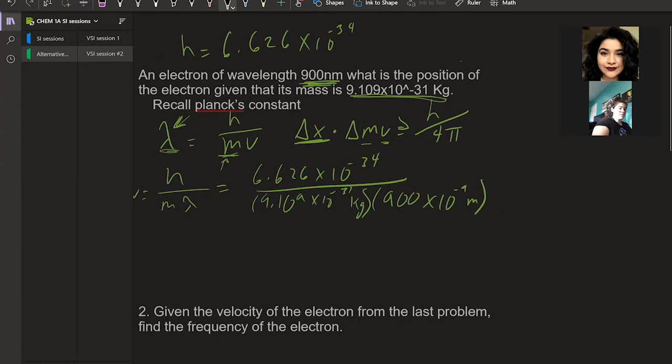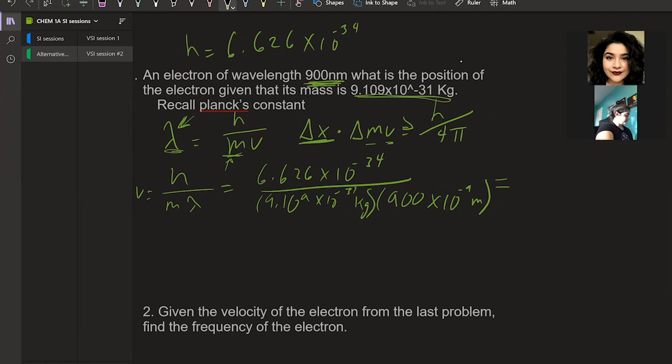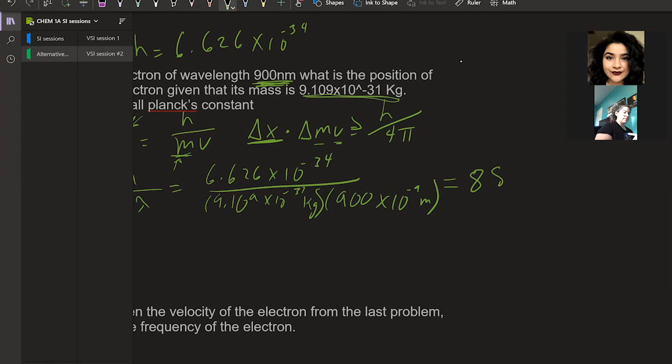So the value for velocity I should get is 808.236 meters per second.